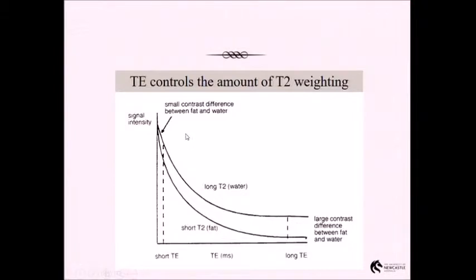So again, looking at those decay curves, this is when we've removed the RF and they're at equilibrium. What we're waiting for is for a divergence of these two relaxation curves. And we want to acquire our scans again where that's at a maximum to get maximum contrast resolution.